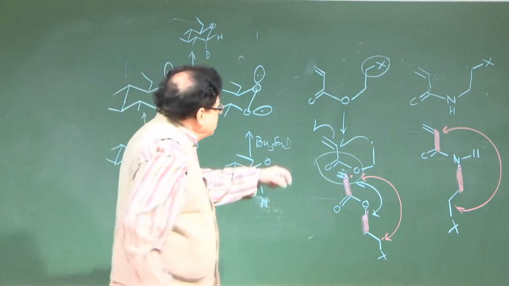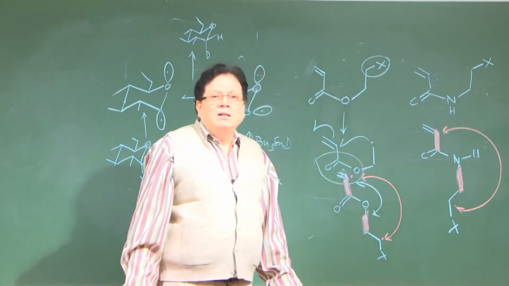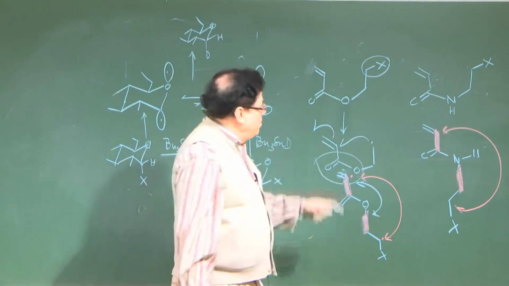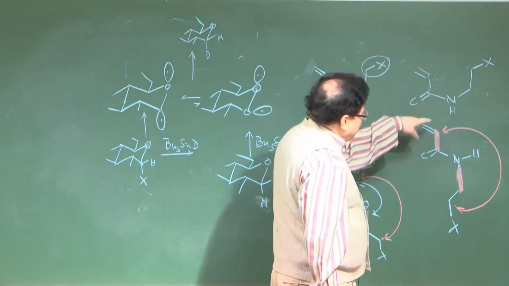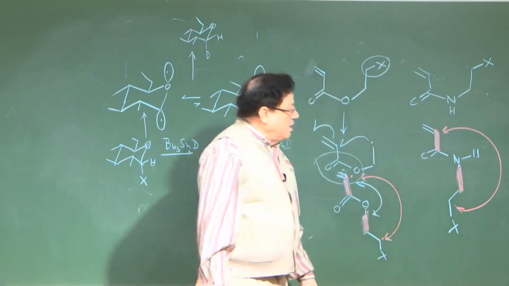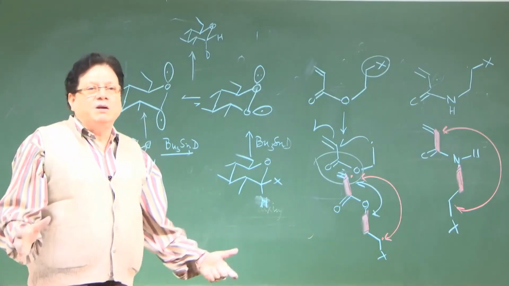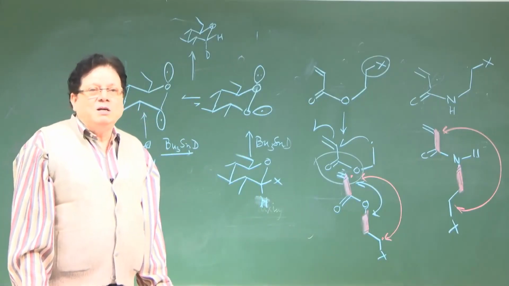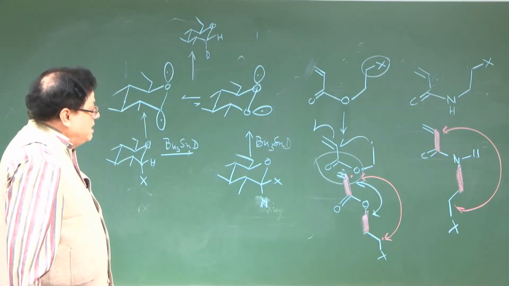Expected fashion means you are expecting the formation of this carbocycle, the ring formation. This is more so in the case of the amide, because amides prefer this transoid conformation almost 100%. So, it is almost impossible to do a radical cyclization in the case of amides.